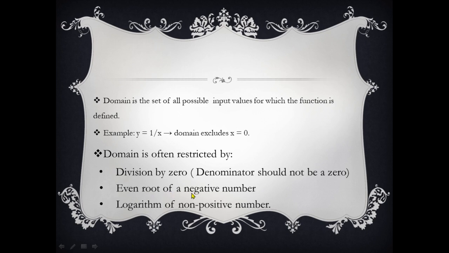So an even root of a negative number is not allowed as an input value. Similarly, the logarithm of a non-positive number is not allowed. The restrictions on the domain are: the denominator should not be 0, no even root of a negative number, and no logarithm of a non-positive number.